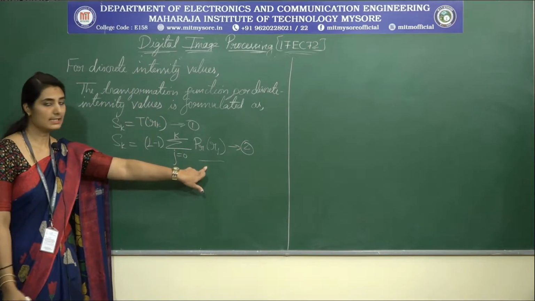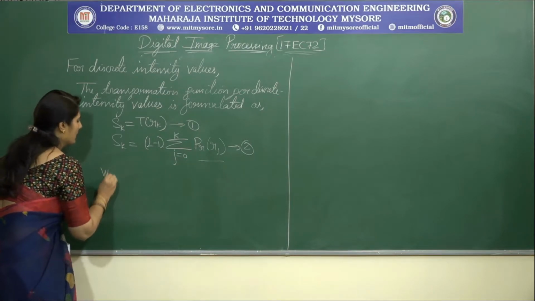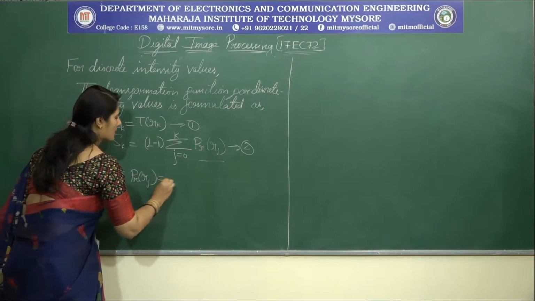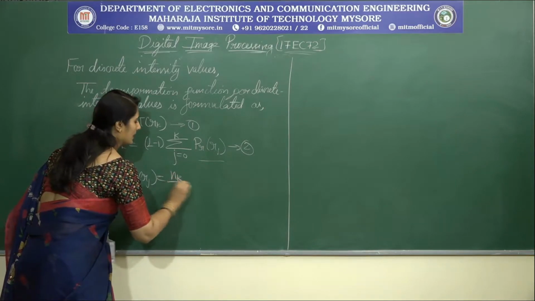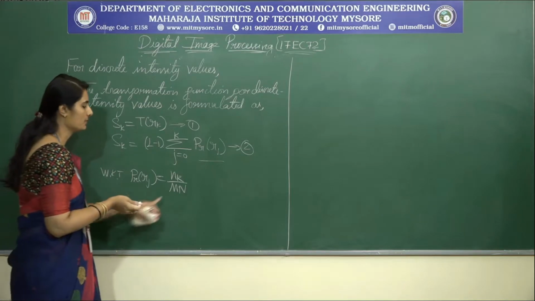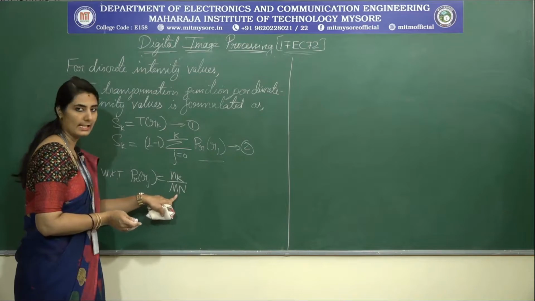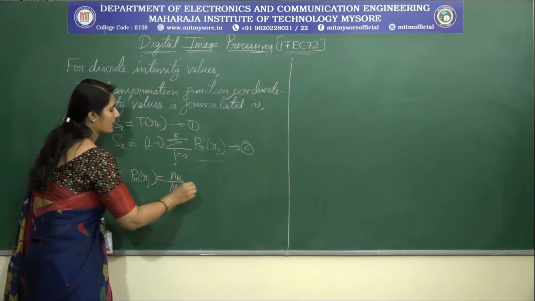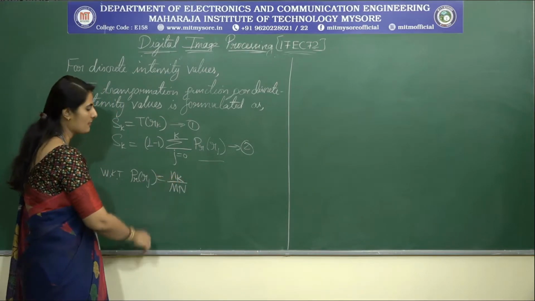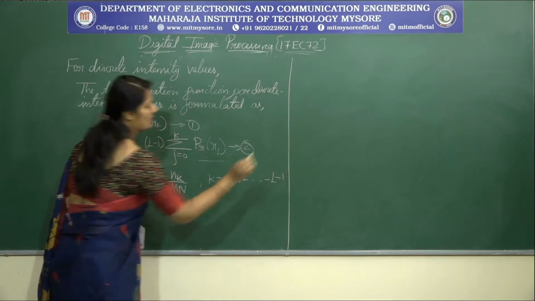This is the normalized histogram, and it is represented by PR of Rj is equal to Nk by Mn, where M and N represent the total number of pixels in the image or the size of the image. And we know Nk is the number of pixels having that kth intensity value for k varying from 0, 1, 2 up to L minus 1.